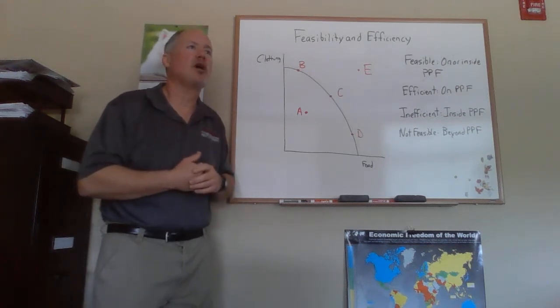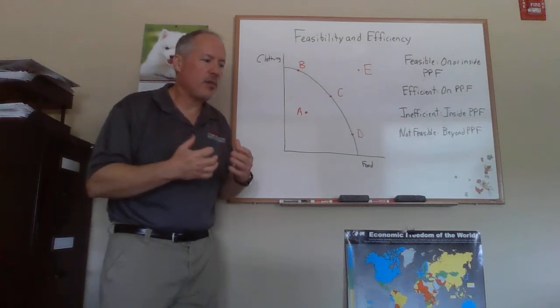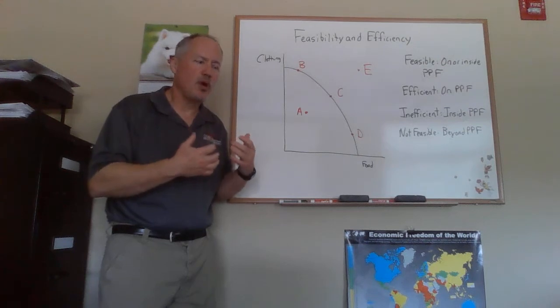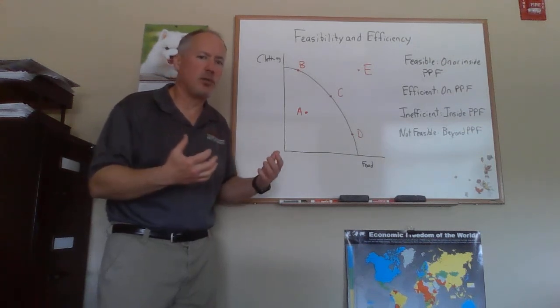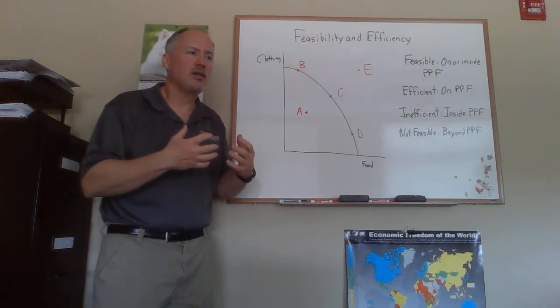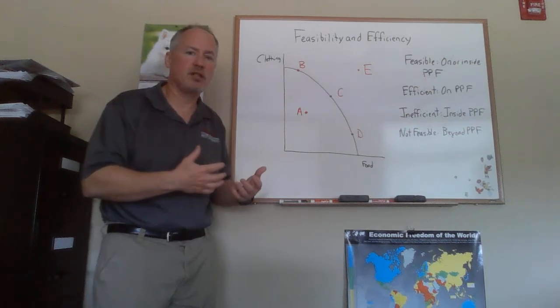Then beyond this, we can talk about efficiency. Now, when we do economics generally, whenever we do any kind of analysis, we try to make it as general as possible. What we mean by that is we don't want to make our analysis depend on specifically what people might like or dislike.